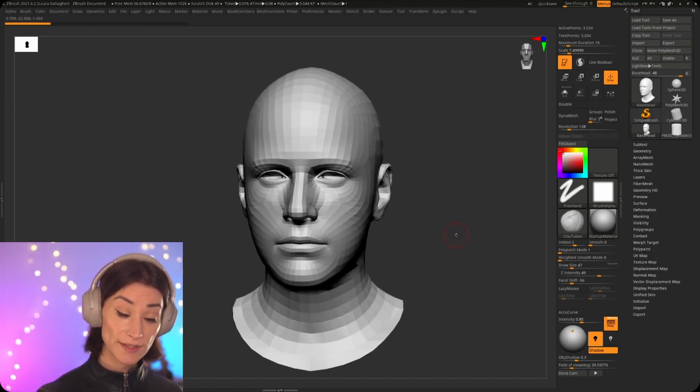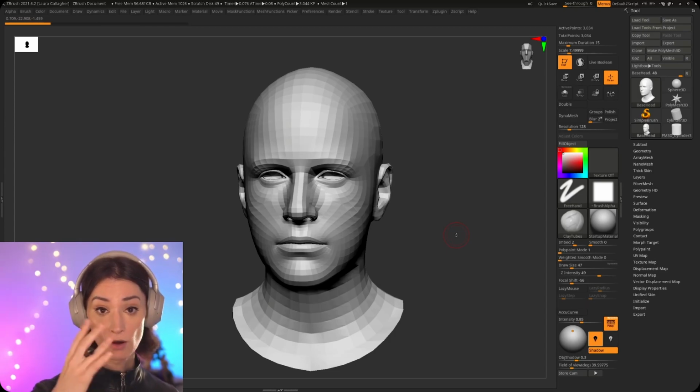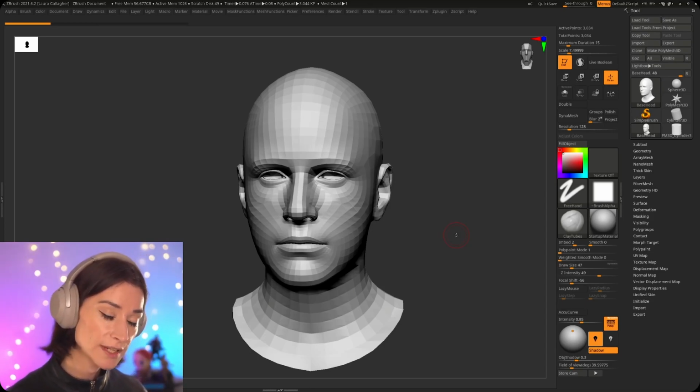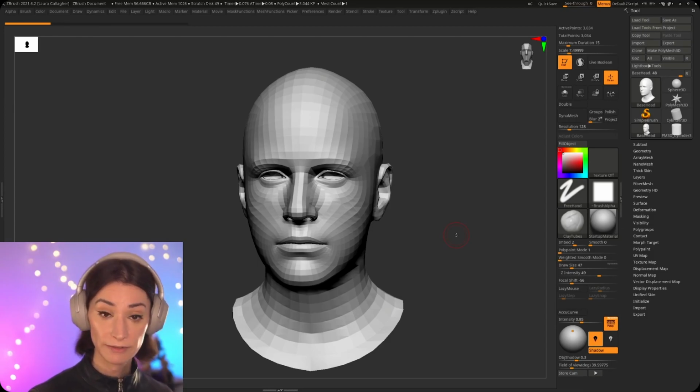The subdivision mode is actually the older one of the two. So this is pretty much how it was back in ZBrush 2 when I started learning ZBrush. We pretty much had only subdivision mode. In fact, there was not even any Dynamesh in there to speak of.